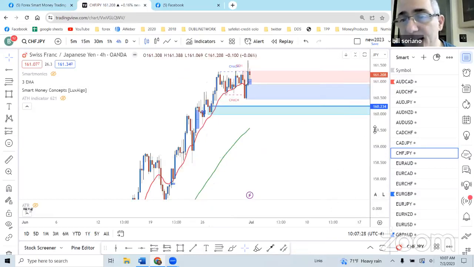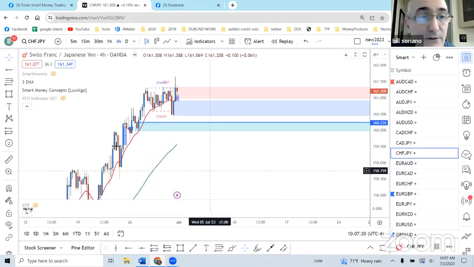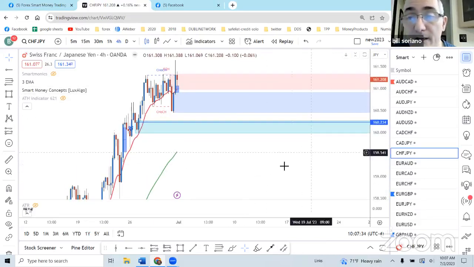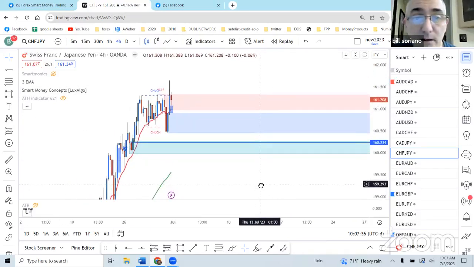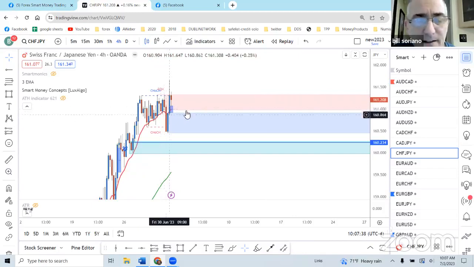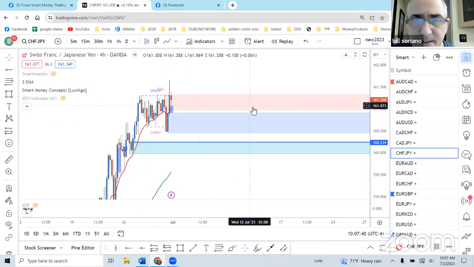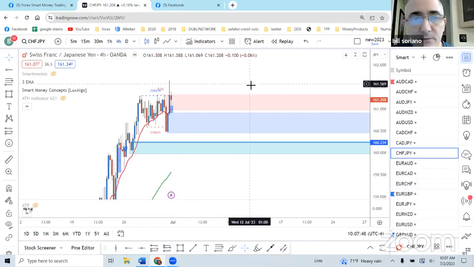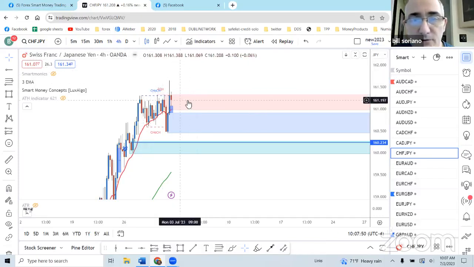So like I said, 80% of the time, this Smart Money Concepts Lux Algo indicator will give you a good order block. But sometimes it doesn't. In this case here, it's giving us 2 order blocks, one for a bullish trade and one for a bearish trade. Now we know that the daily was bullish and the 4 hour also bullish, so we don't want the bearish trade. Okay.